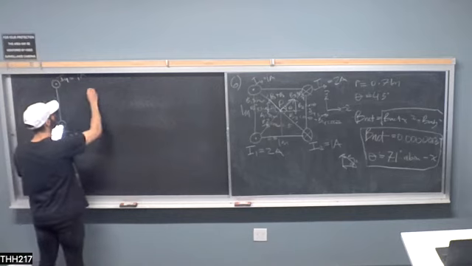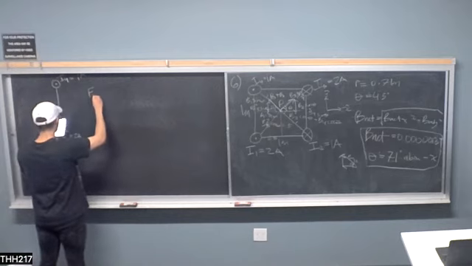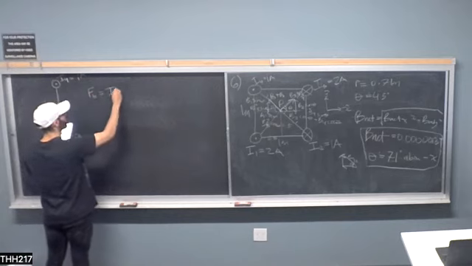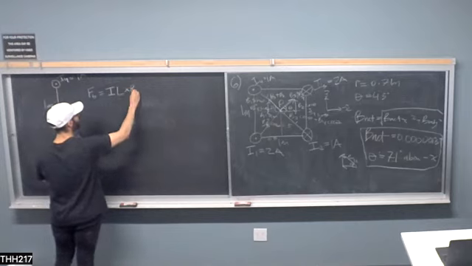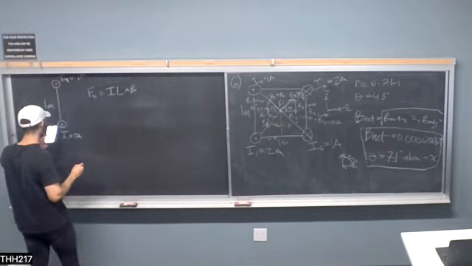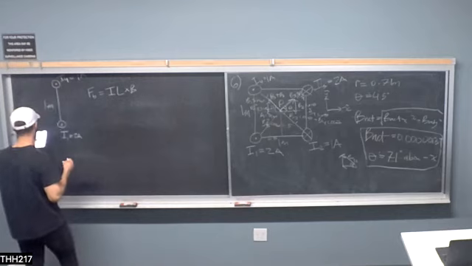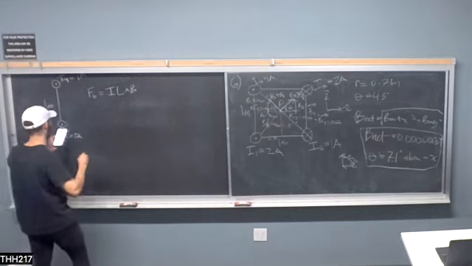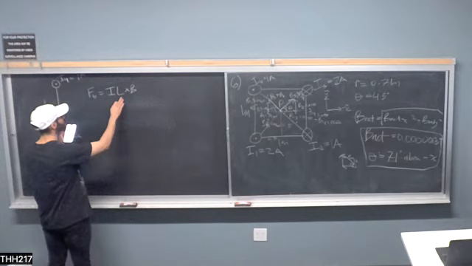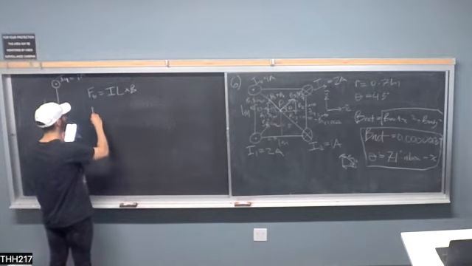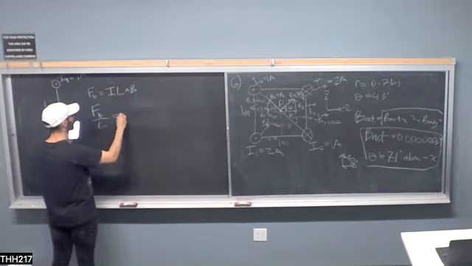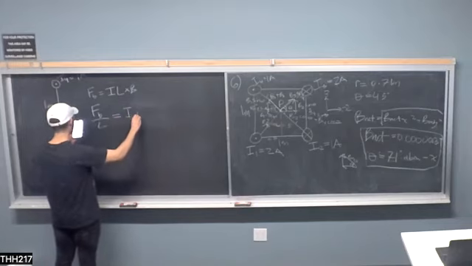F_B is equal to the current times length cross B, and the angle between them is just 90 degrees, so we don't have to worry about that. So we can divide by length on both sides, and F_B divided by L, the variable of interest, is equal to I1 B.